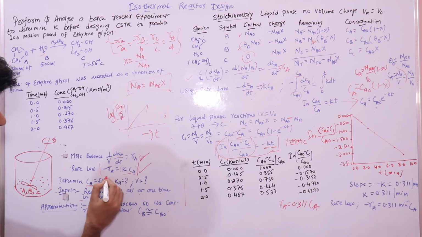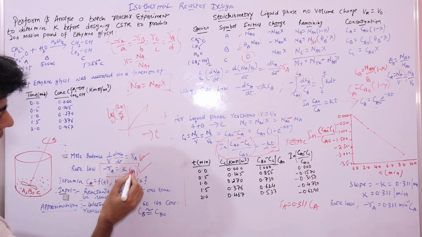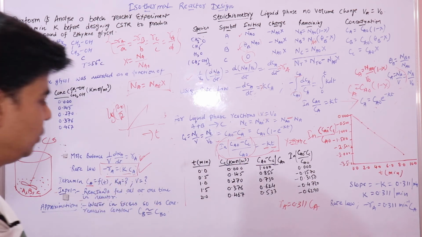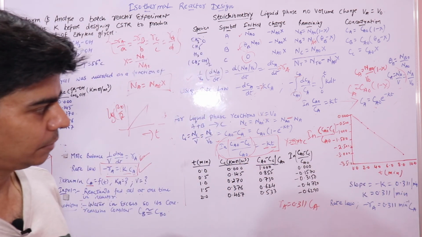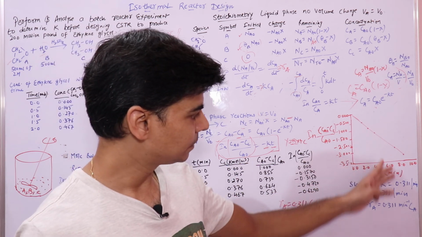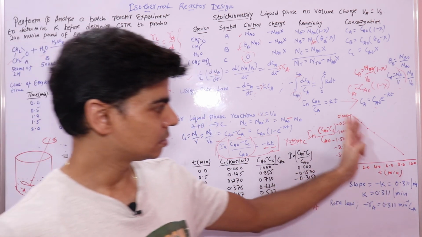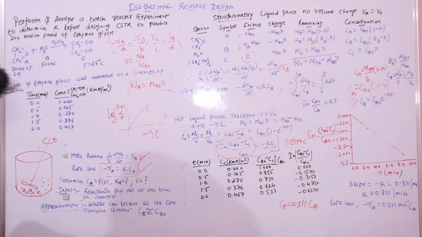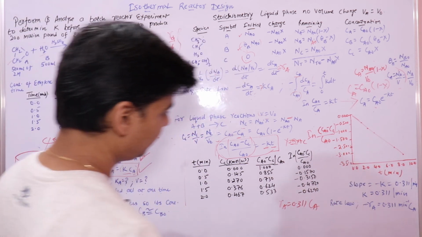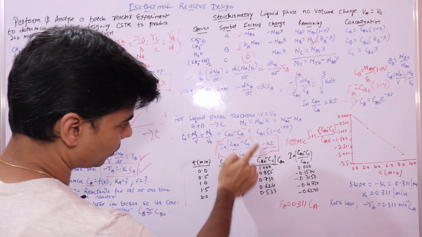This is the rate law expression: rA is equal to K CA. The value of K, which we found from this graph to be 0.311, is taken from the slope of this line. You just have to calculate the slope.